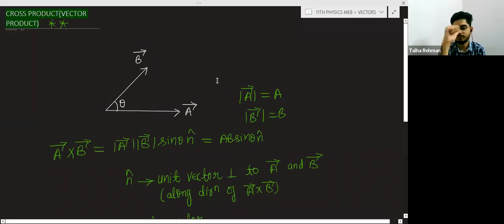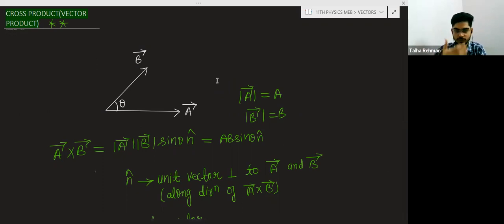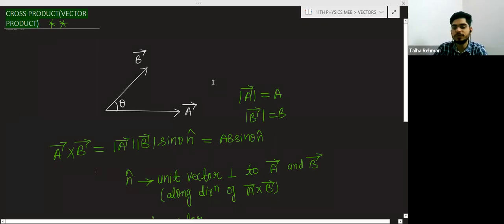Your thumb is towards you, or coming out of the screen. So the direction is outwards. The direction of A cross B will be outward.